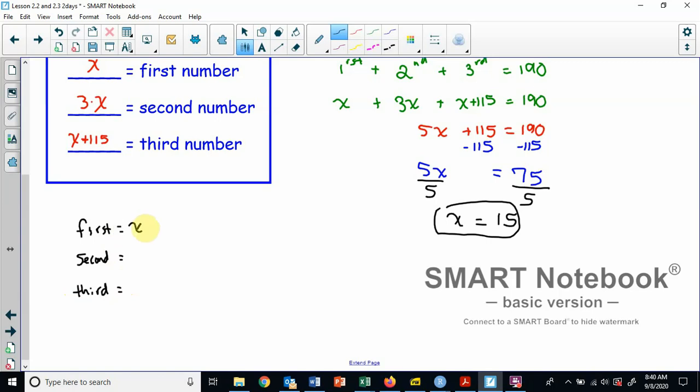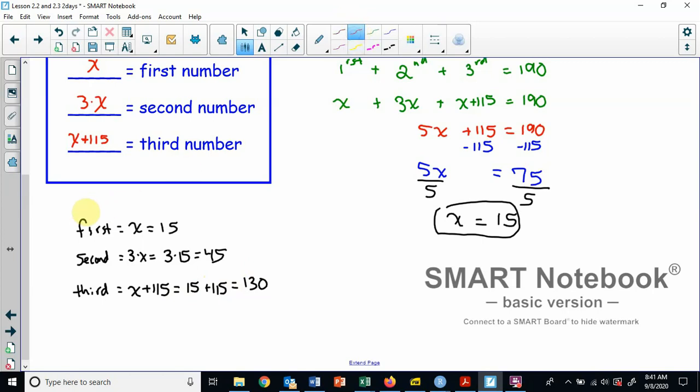So the first number was x, which is just 15. The second number was 3 times x, which is 3 times 15, which is just 45. And the third number was x plus 115. So 15 plus 115 is 130.